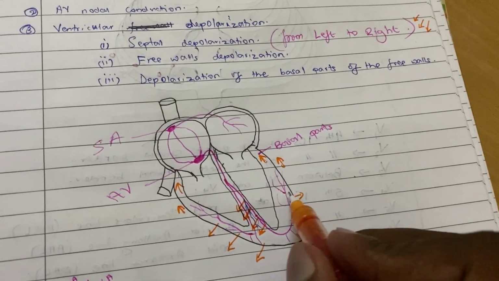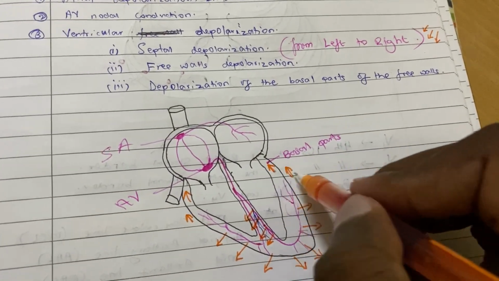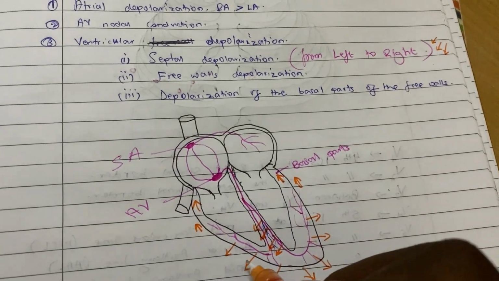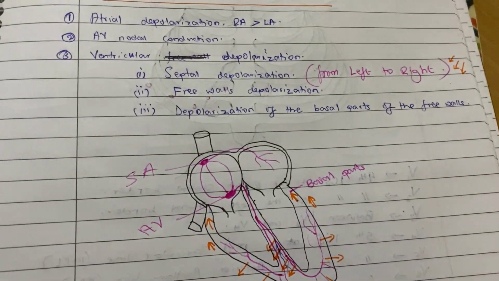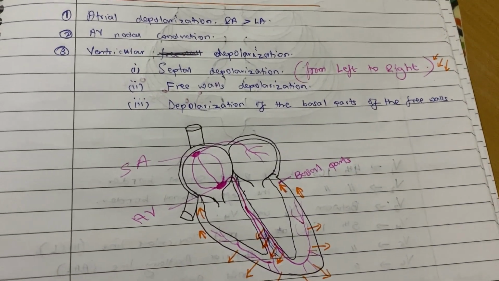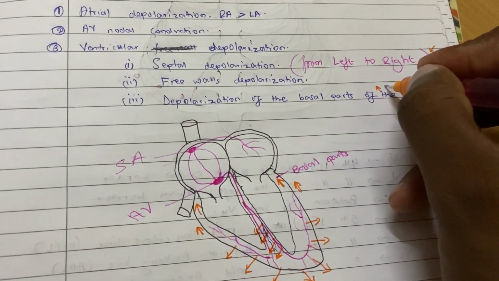Free walls, base, upwards. And then septal, left to right. Free wall depolarization in any direction, and then basal, upwards. So this is the basal depolarization.